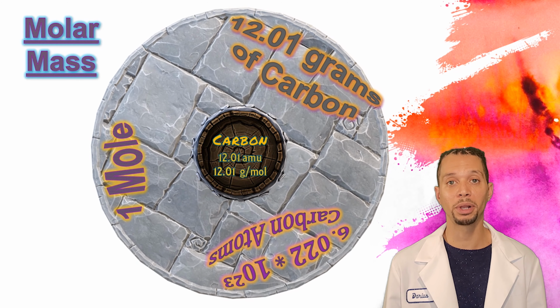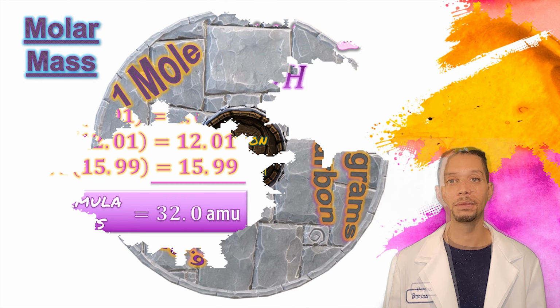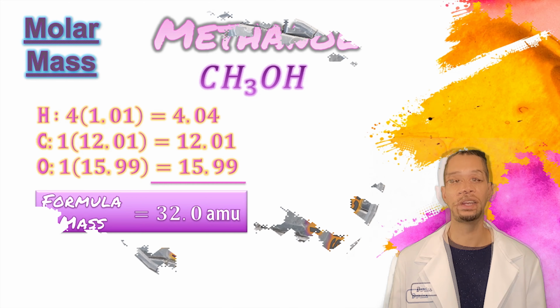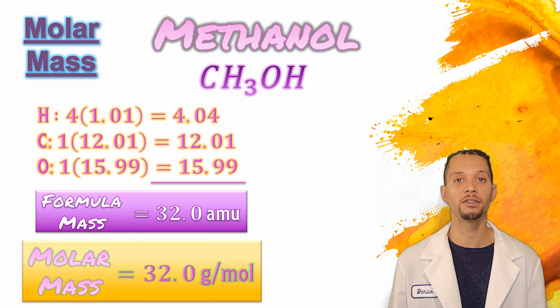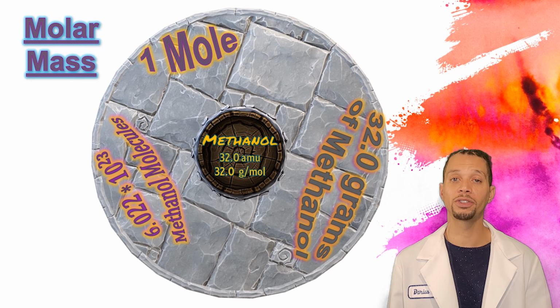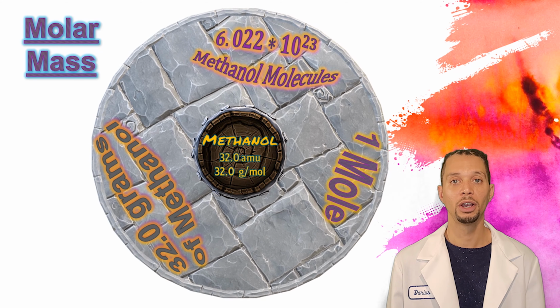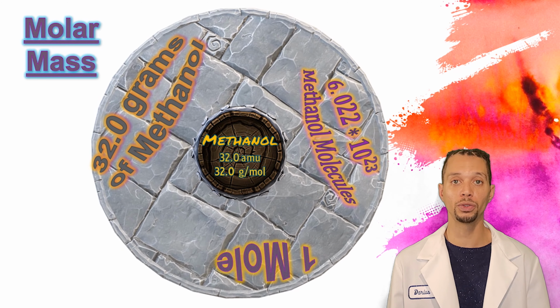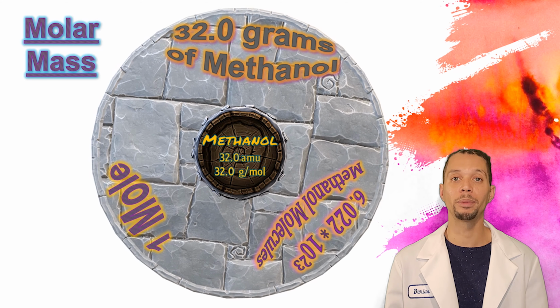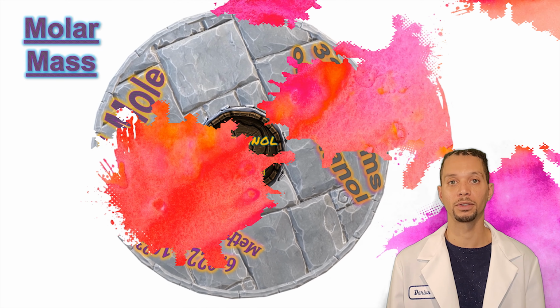And this also applies for compounds as well. In our methanol example, with the formula mass of 32 AMUs, the molar mass of methanol would be 32 grams per mole. Ultimately, if we are given the mass and chemical composition of any substance, we can evaluate the amount of moles, mass, volume, and representative particles of that substance.